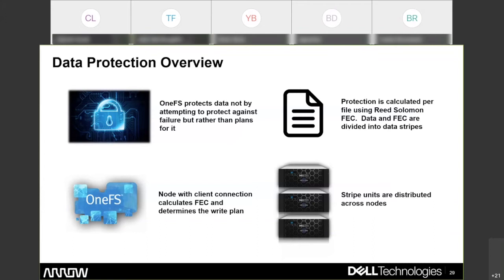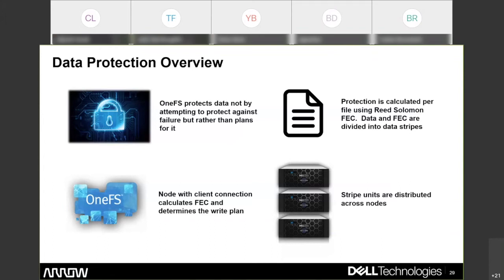So moving down, when a client connects to a node, and depending on the policy for that user, it can be any node connecting. The connecting node is going to calculate the data protection scheme based on the policy set for that file, creates the FEC blocks, and a service called Block Allocation Manager determines the right plan for the data.